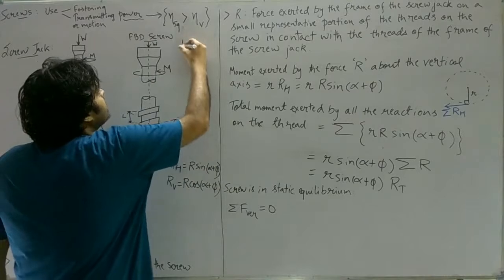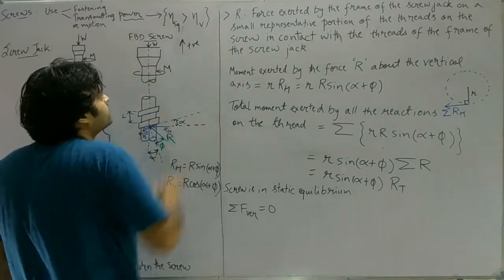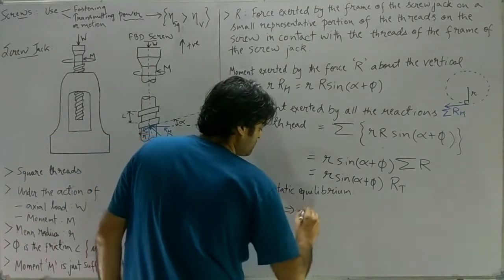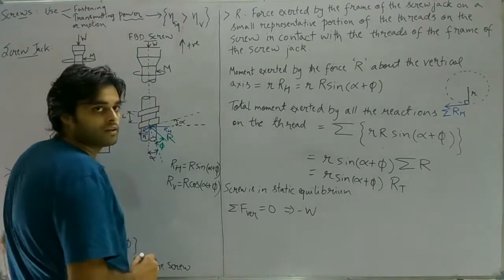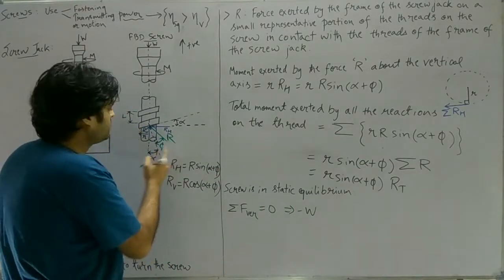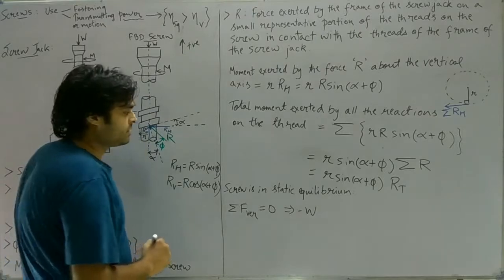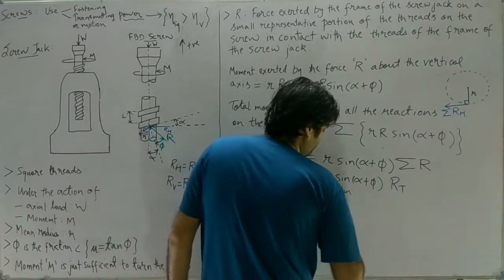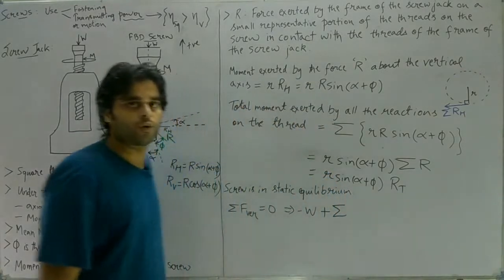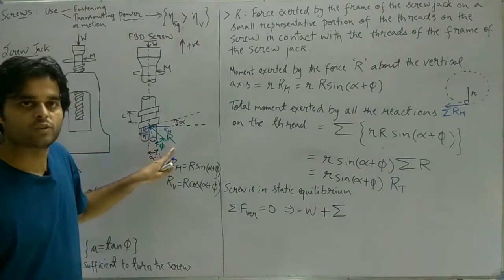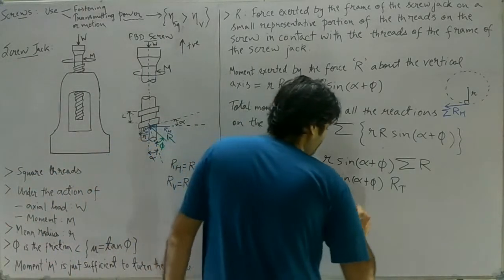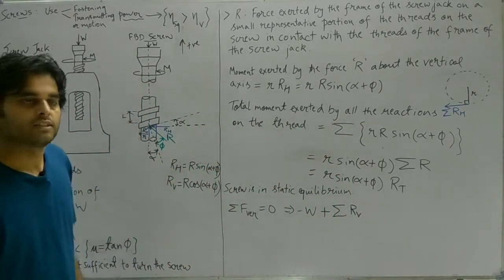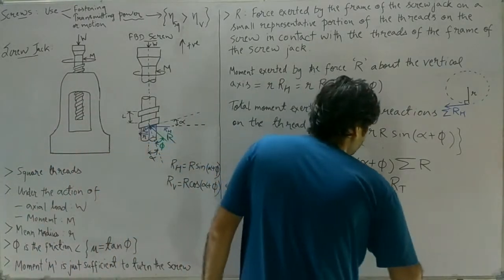If we take this direction to be positive, we can write minus W, and the vertical component of the reaction from the frame, plus, now we should use the summation of all these reactions. As this is just on a small portion, the summation of all the vertical components of the reactions should be equal to 0.